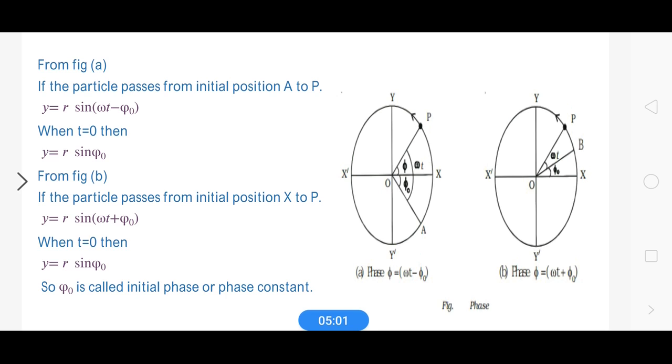The initial position is at an angle of phi naught, and the final position of the particle is at an angle of phi. Then the total angular displacement is phi plus phi naught, which we consider as omega t. Phi plus phi naught is equal to omega t.